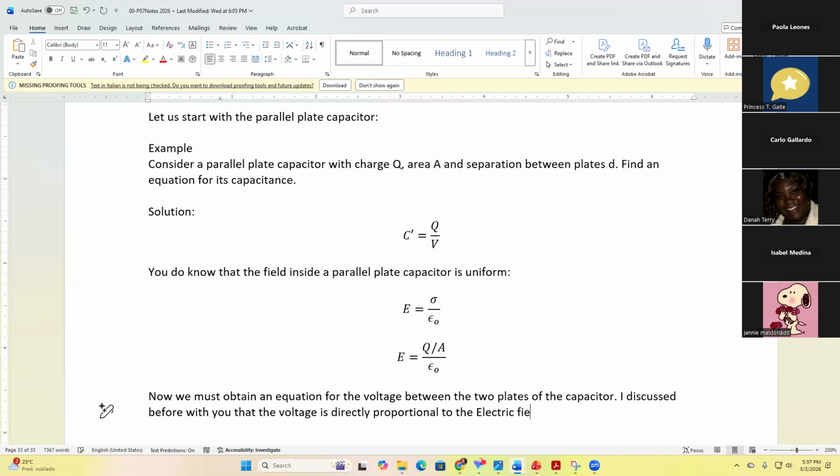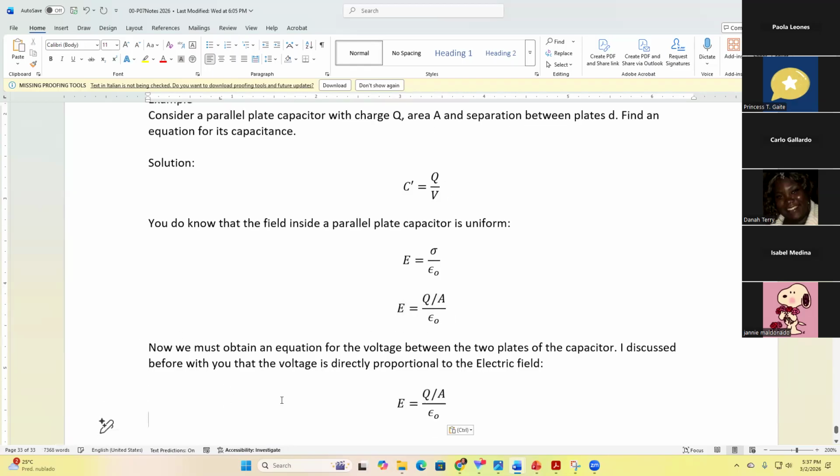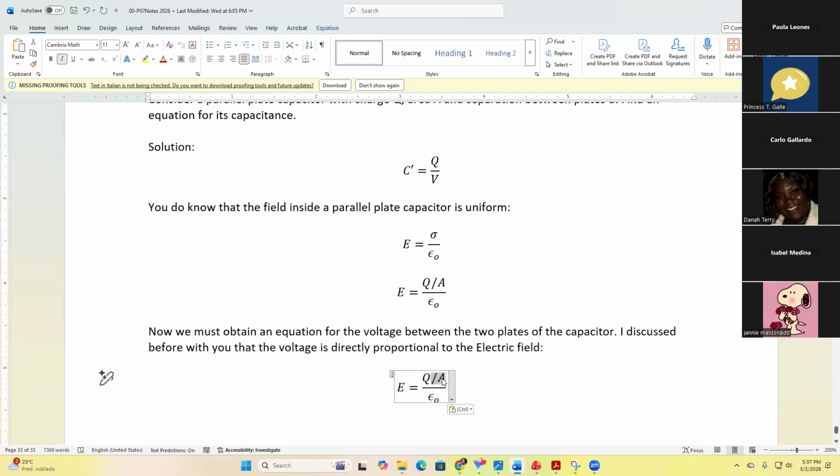Remember that? So here you go. In the case of a parallel plate capacitor, the electric field is going to be delta V over delta X.